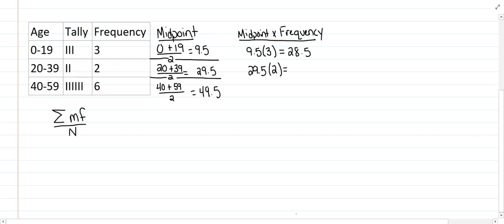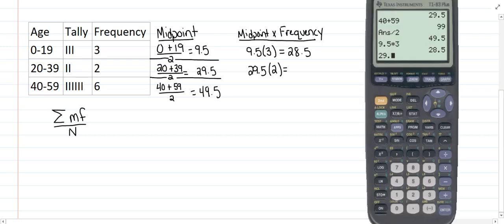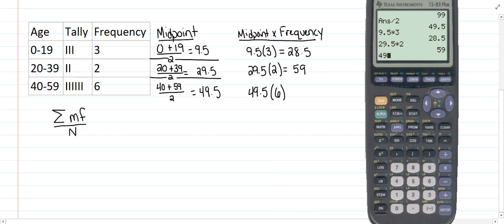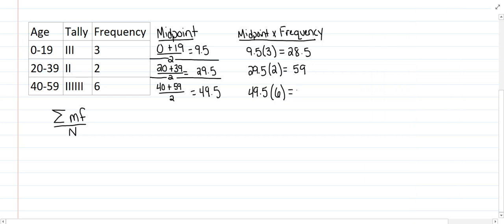So 29.5 times 2 is going to give me 59. And then my last column is 49.5 with a frequency of 6. So 49.5 times 6. That's going to give me 297.